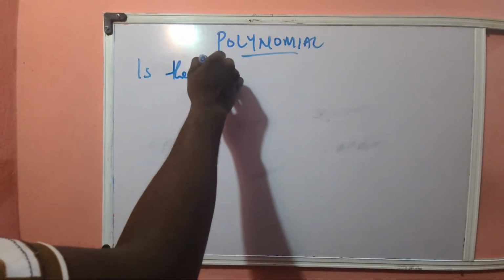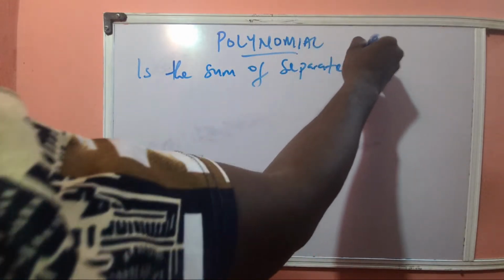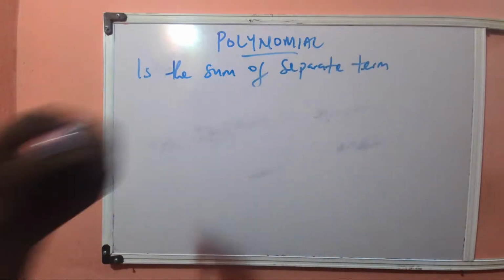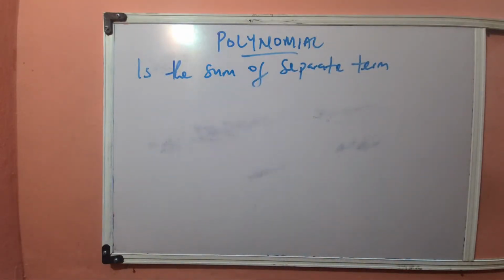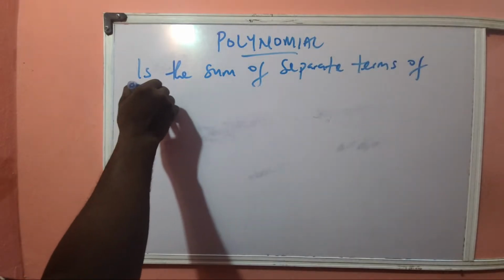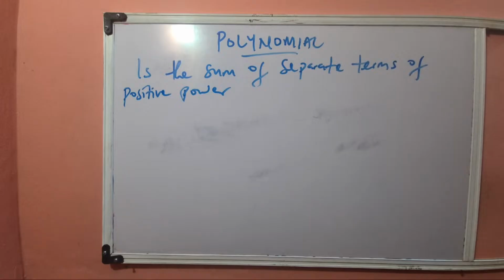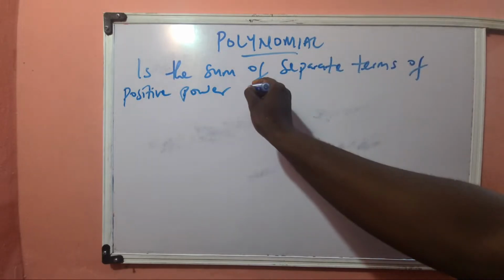The whole is the sum of separate terms. Every detail of these definitions is quite important and significant. It's the sum of separate terms of positive power of a variable with constant term.